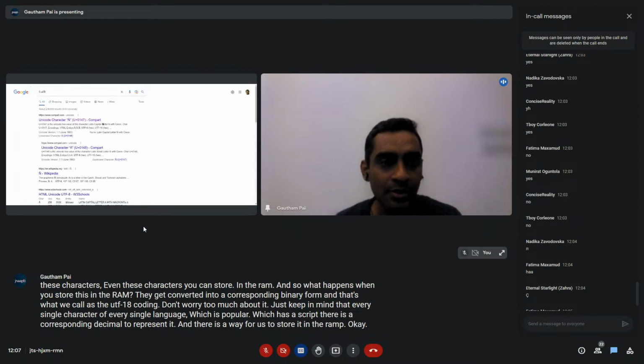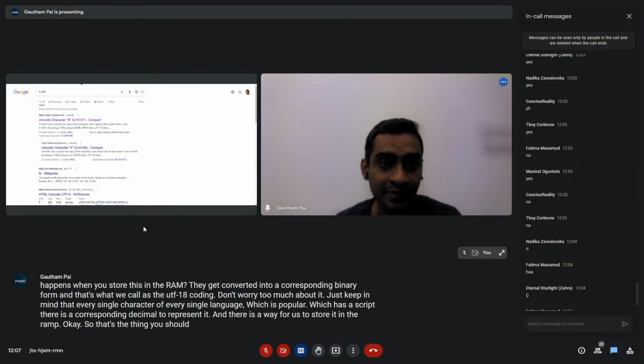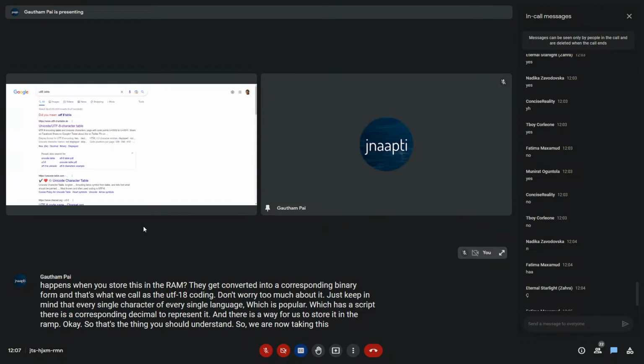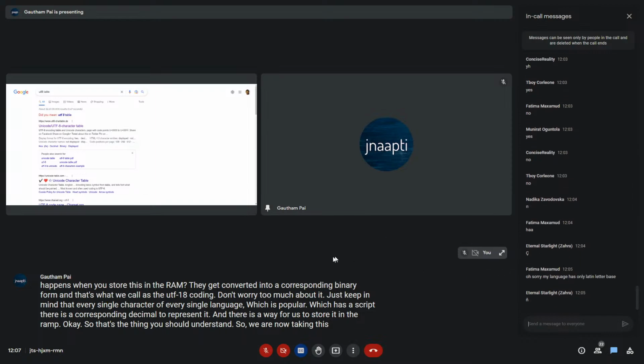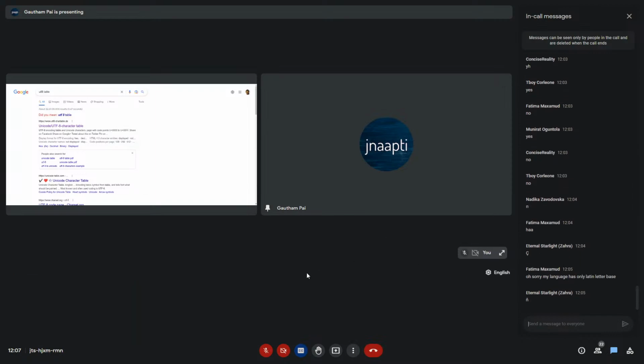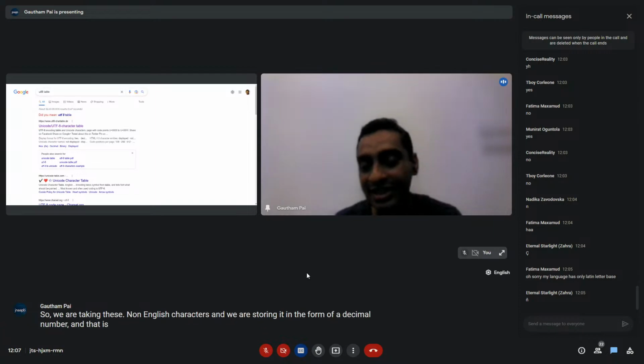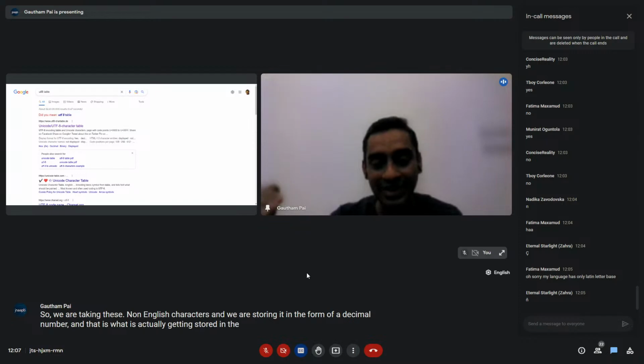Okay. So that's the thing you should understand. So we are taking these non-English characters and storing them in the form of a decimal number. And that is what is actually getting stored in the RAM as some kind of a binary representation.